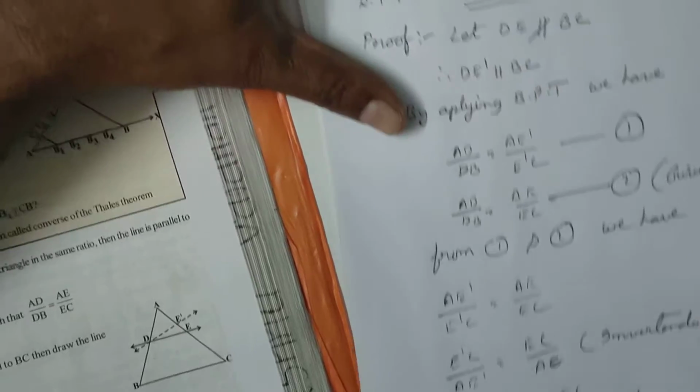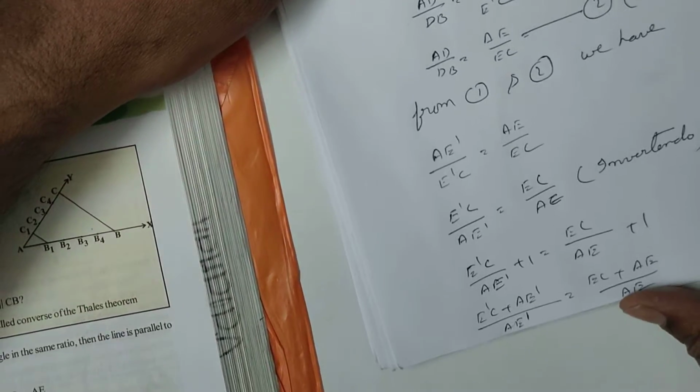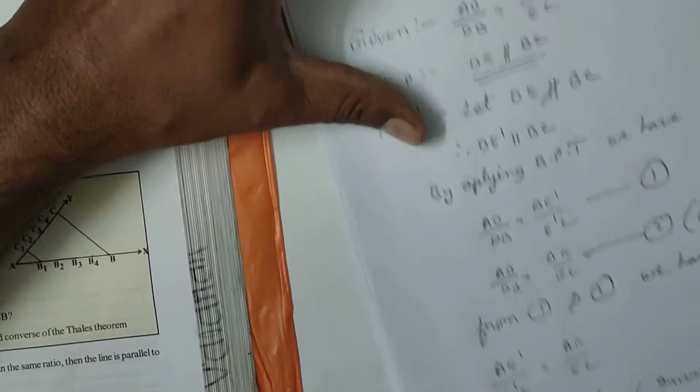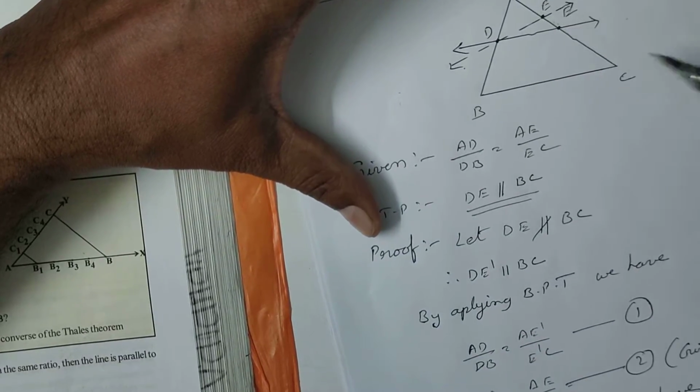Now if you see the figure, here last what you have is E dash C plus AE dash. You can write AC or not.